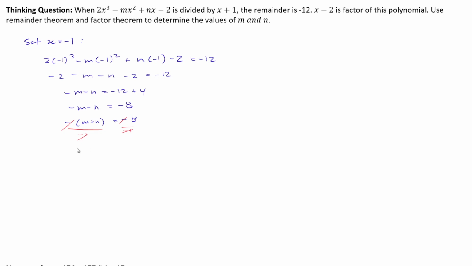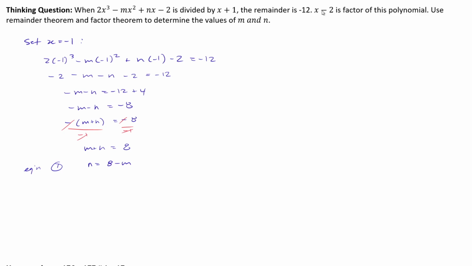So I get m plus n is equal to 8. The other thing that I can say is that n is equal to 8 minus m. Okay, so I can actually call this one right here equation 1. Right? I've only used this first piece of information right here.